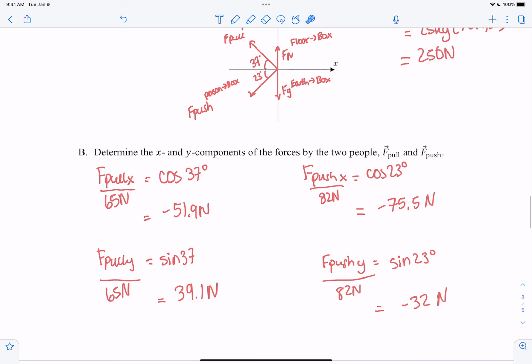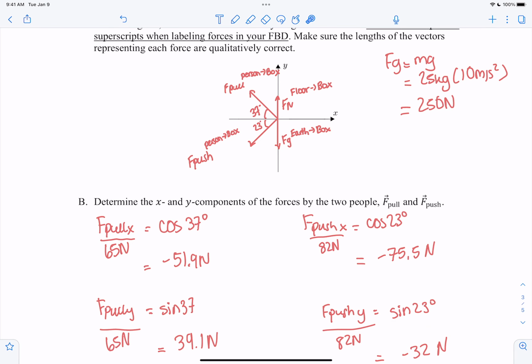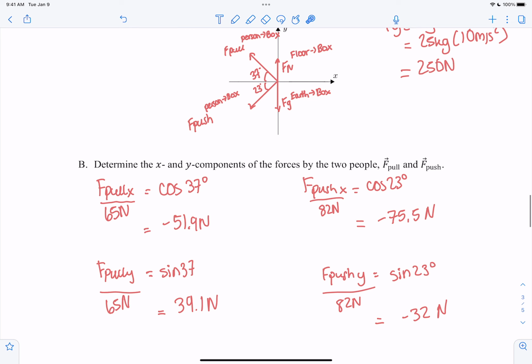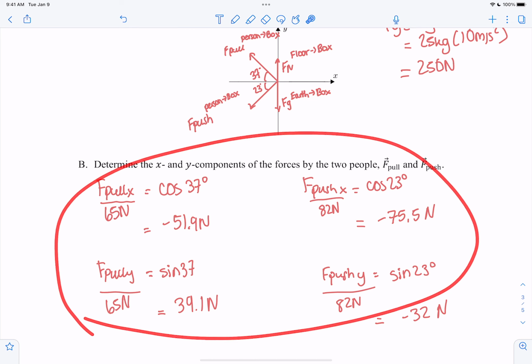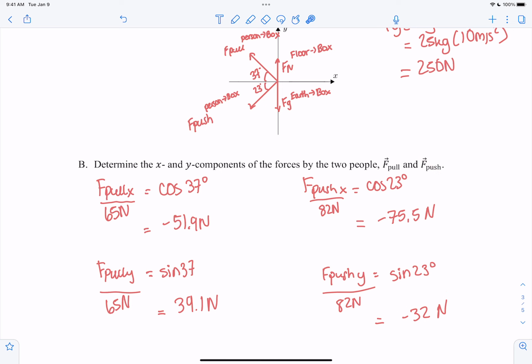And then F pull Y and F push Y. You might draw your vectors for F pull so that your forces here make sense. I wouldn't dwell too much over it, as long as it visually looks okay and makes sense, you're good.